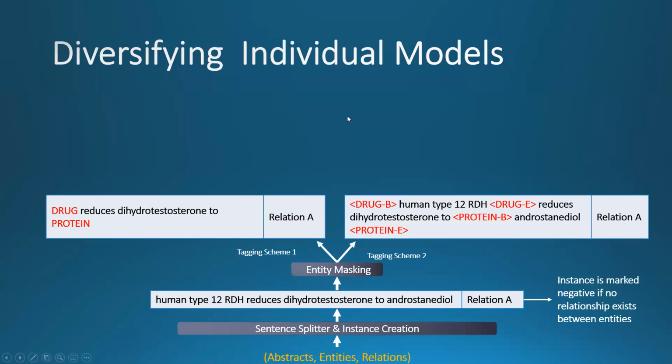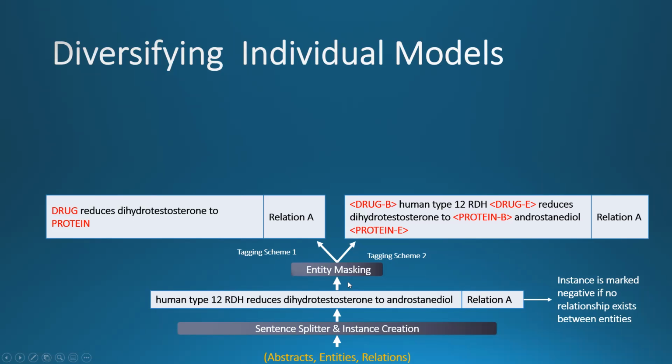Then we create sentence instances where each instance is marked with a protein and a chemical mention. We assign this instance to one of 13 relation types or mark it as negative if no relationship exists between the entities.